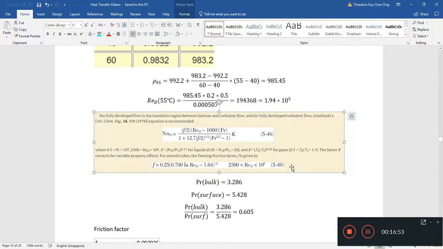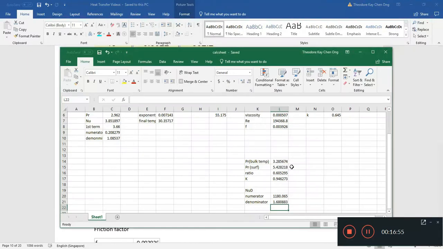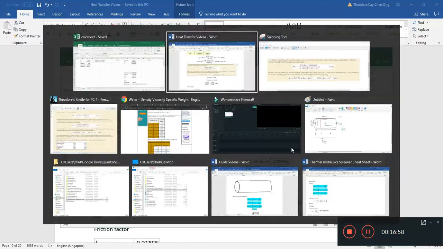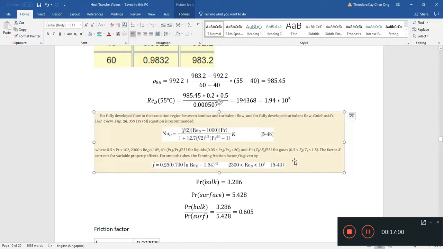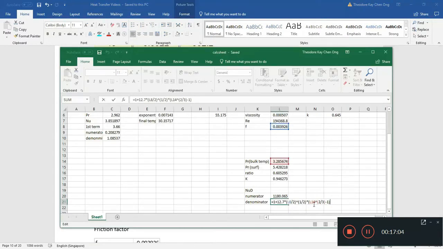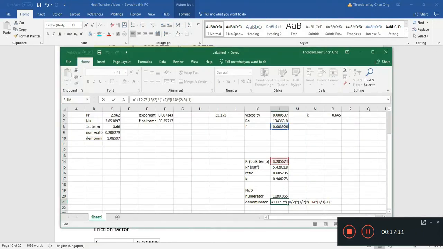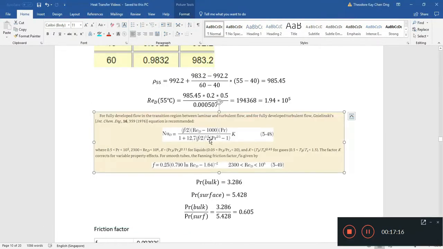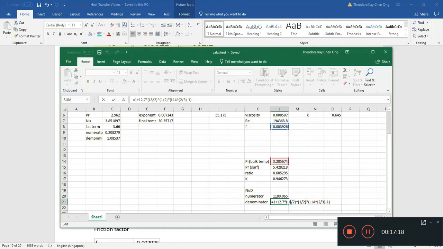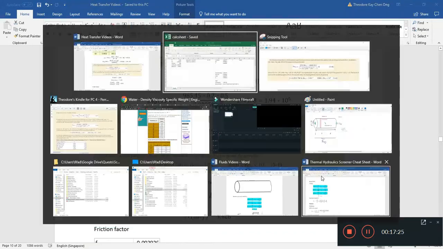The denominator is so much. So let's do a check again, because it looks like a very large number. So 1 plus 12.7 times F over 2 to the half, so friction factor over 2 to the half, and the Prandtl number to the 2/3 minus 1.